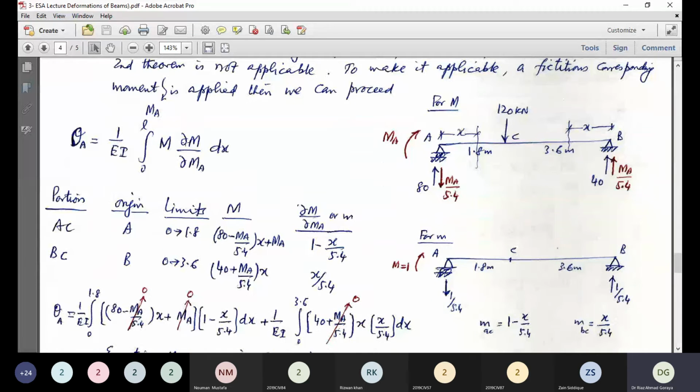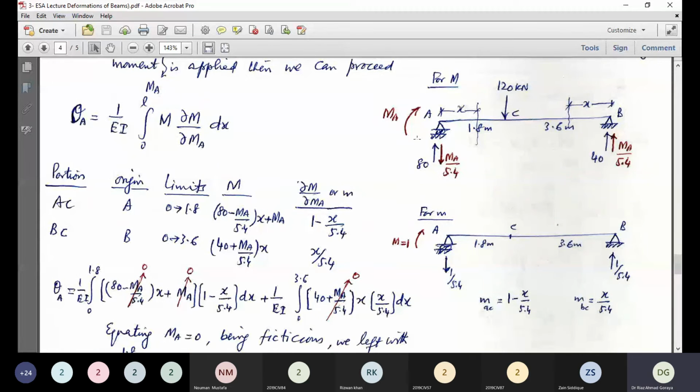Now look at this beam. Now this fictitious load and the reaction due to this fictitious moment are shown by red color. So let MA is acting at A. Rest of the work is the previous one, 80 and 40.